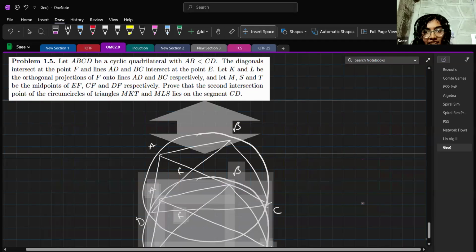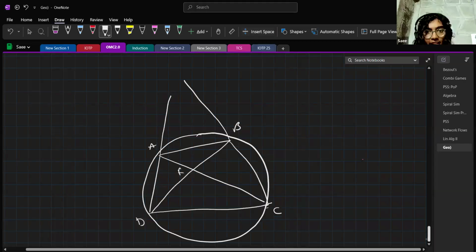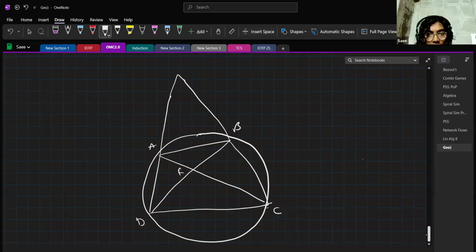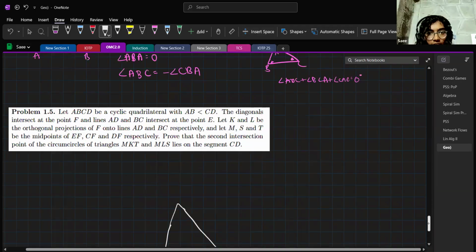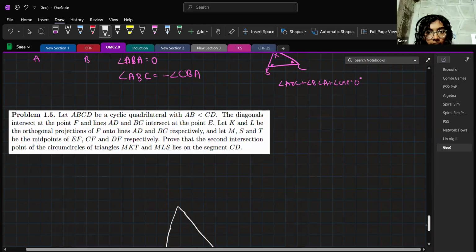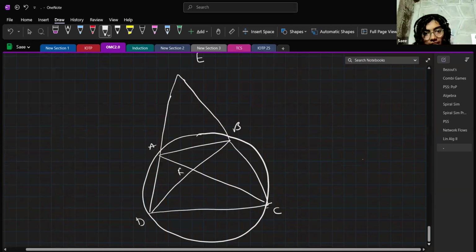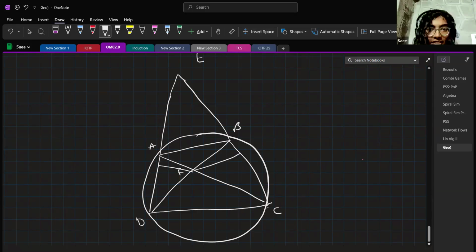AD and BC intersect at E. K and L are orthogonal projections of F onto AD and BC. Oh my god, what is this wording? Orthogonal projections.